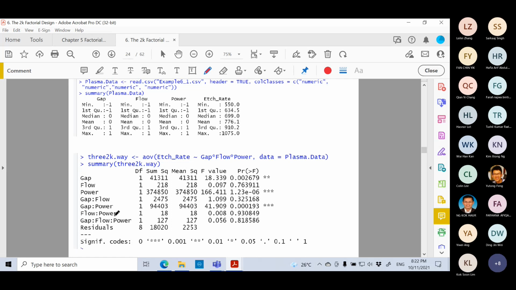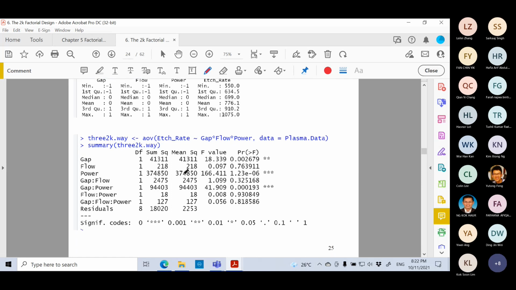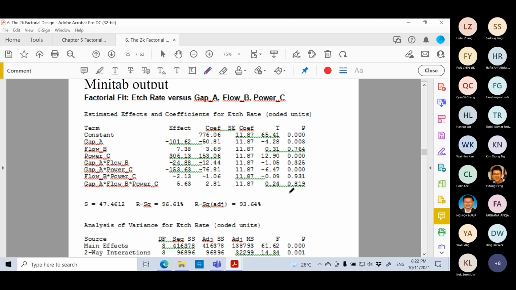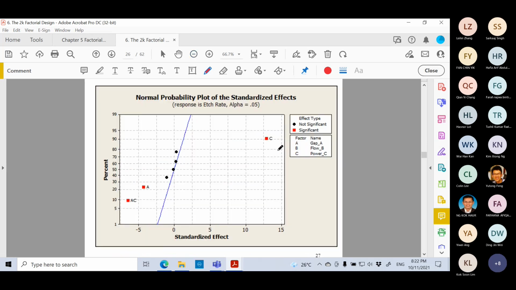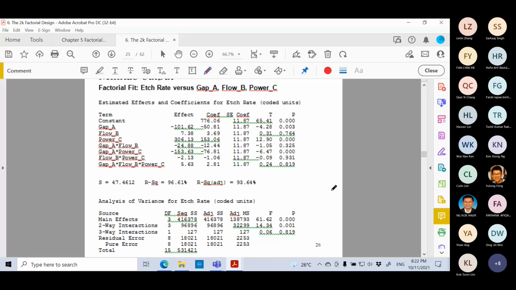Then after this page, I will show you this thing, the Minitab results as well. For the Minitab results, the important thing is only at the bottom, at this part. The important thing is only here, because this just shows you the regression model. This regression model, as I mentioned to you, is response surface methodology.